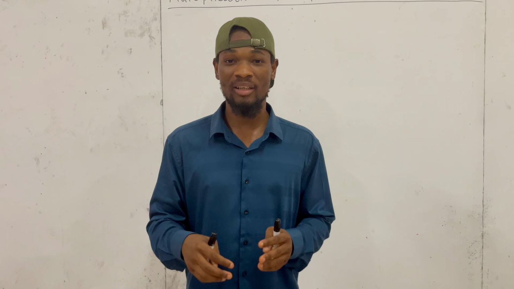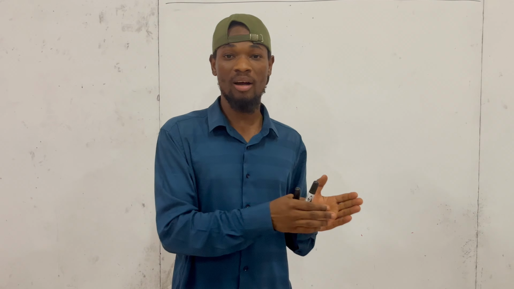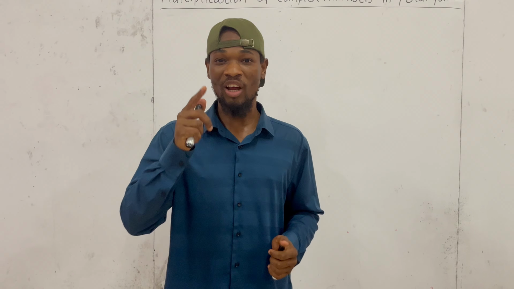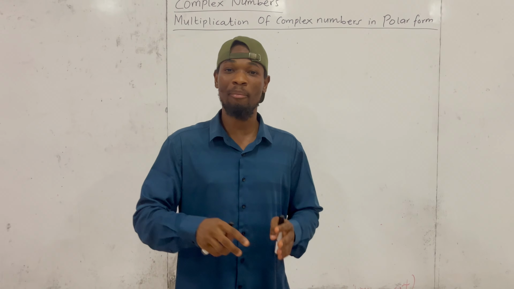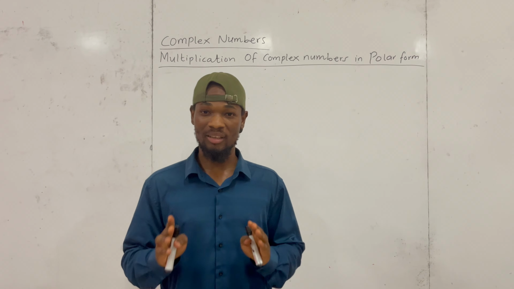And the last one is Euler's form or the exponential form. We've learned how to convert a complex number from the rectangular form to the polar and exponential form. So if you are new here, kindly visit my previous lectures where I've dealt with that.